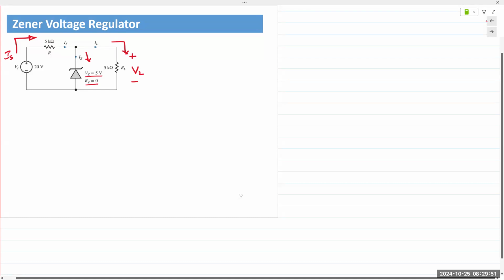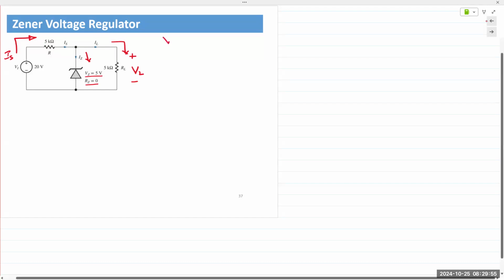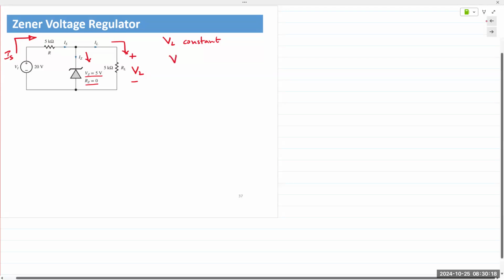Voltage regulation means keeping VL constant, which is of course what we want in our devices. So the load should be able to see a constant voltage, and VL thus should be equal to VZ.